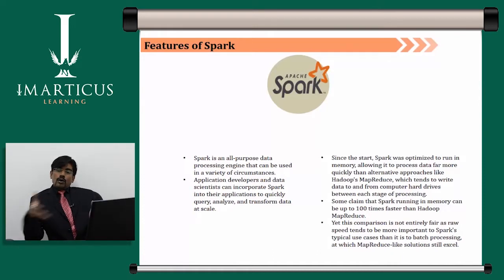If you want to fetch the data again, you have to go to the storage and fetch it again. Spark instead stores the data in memory, so it is much easier and faster than the previous jobs to fetch the data from memory and perform some analysis on it between the stages of processing.